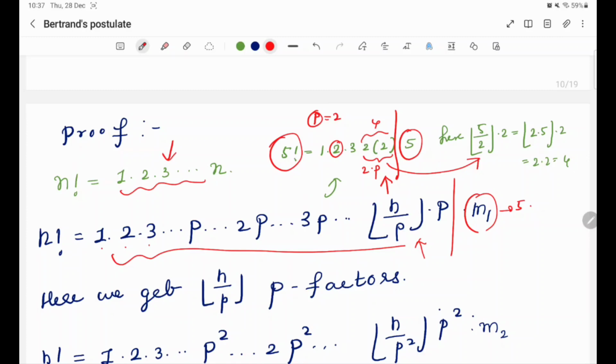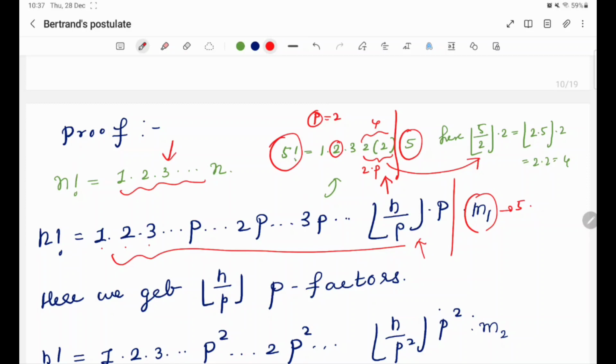I just go through that. So in that way, what is the meaning? I am counting the p's, right? I got 1p, 2p, 3p. So how many p's do I get now? I got the greatest integer of n by p, that many p's.